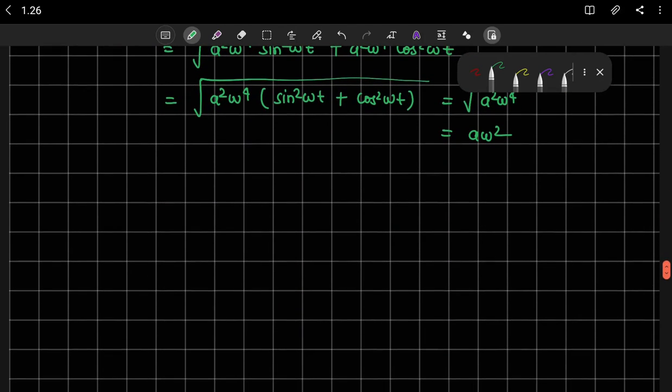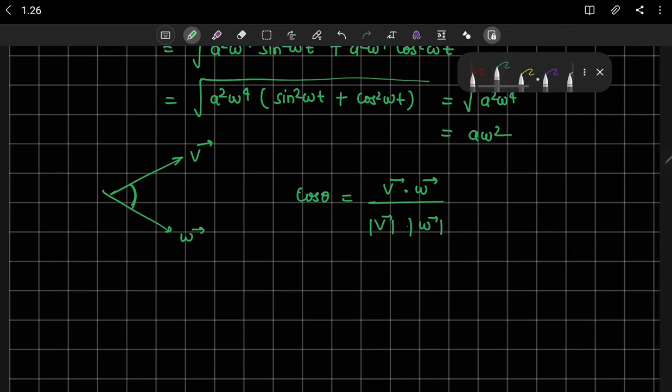Now in order to find the angle between, let us say this is the velocity vector and this is the acceleration vector, so the angle is this one. So cos theta we can write from the dot product, that is velocity vector dot acceleration vector divided by the magnitude of the velocity vector into the magnitude of the acceleration vector.